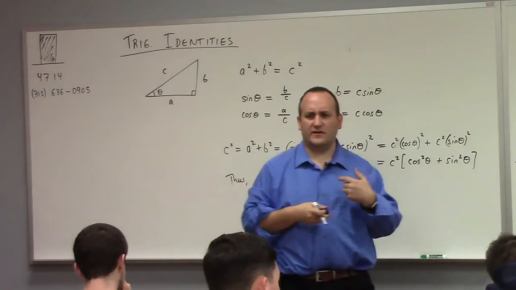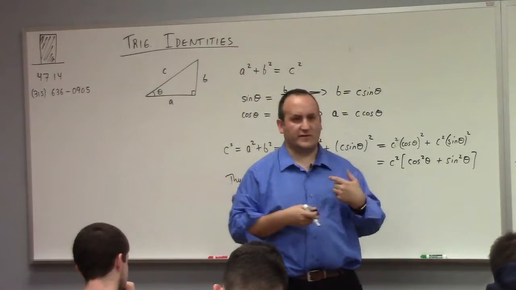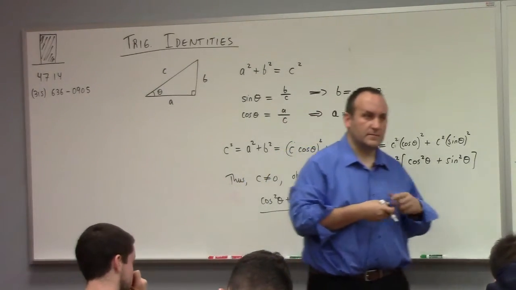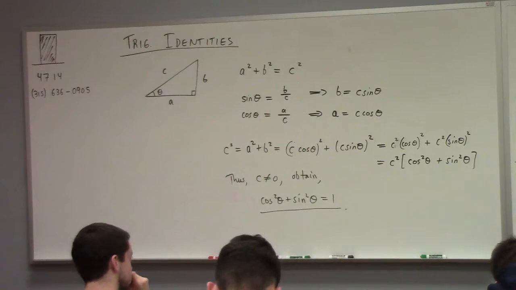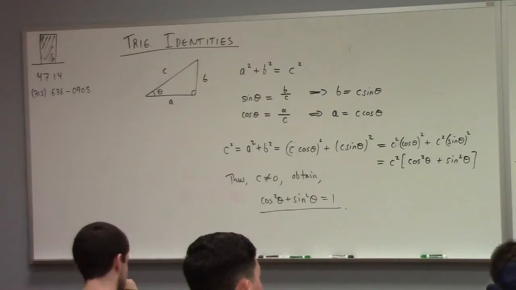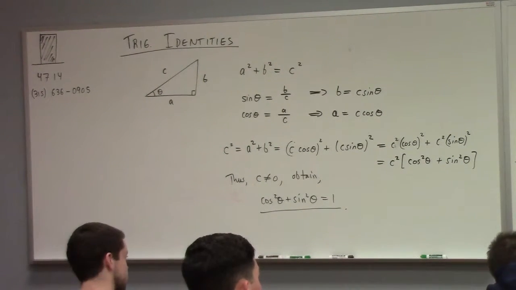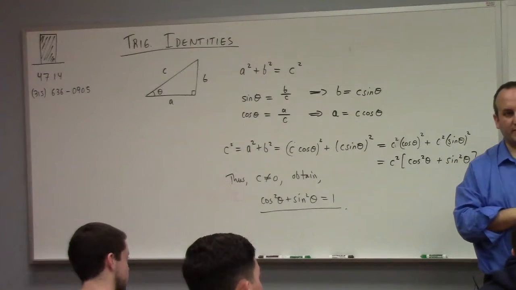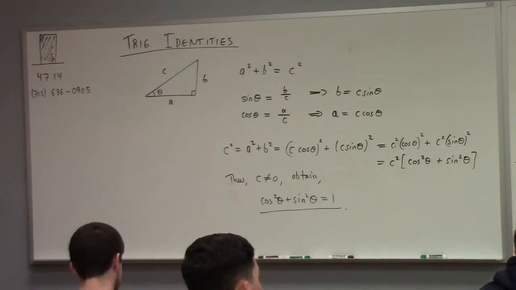Well, maybe we should differentiate this before we go on. What happens if you differentiate this with respect to theta? What identity do you get? Chain rule says what? Minus 2 sine 2 theta. On the other side, what do we get?